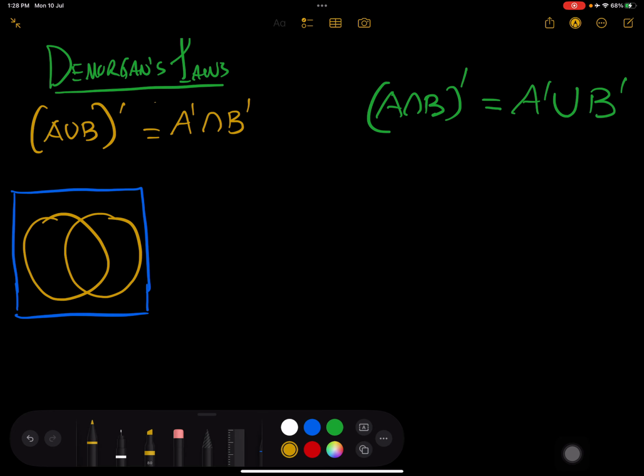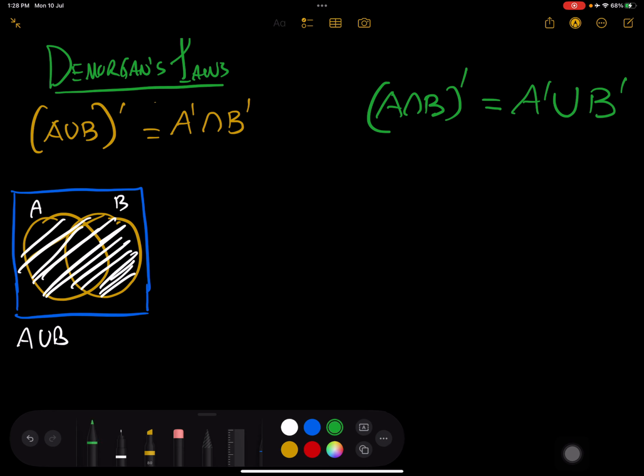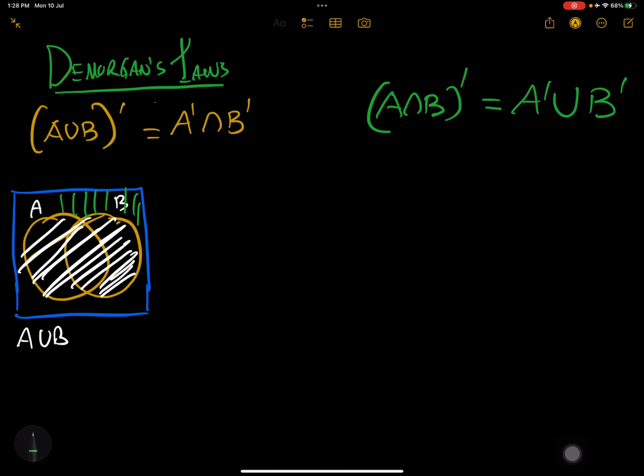Remember, if I shade inside like this, because these are sets A and B, the white region is A union B. So anything outside it, maybe the green, is the complement of that. That means it is inside the universal set, because this is the universal set. So the green region is A union B complement.